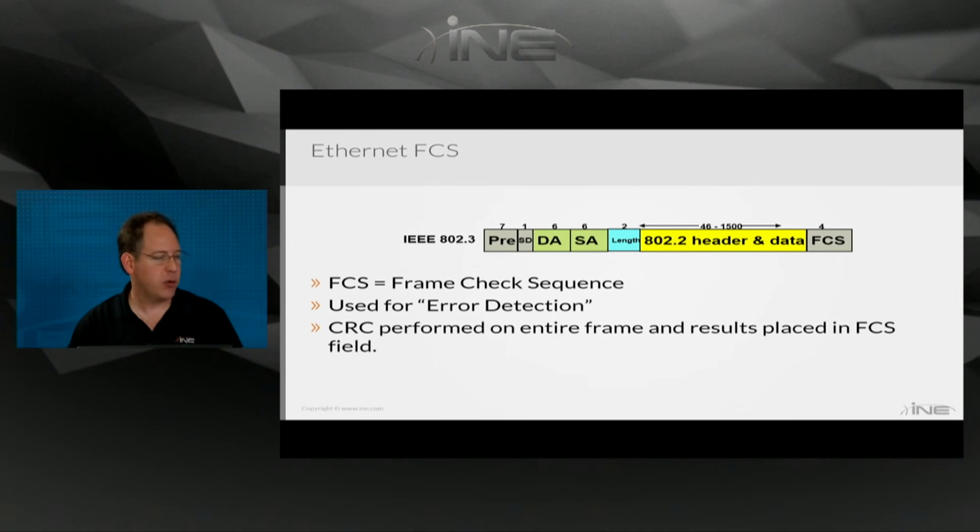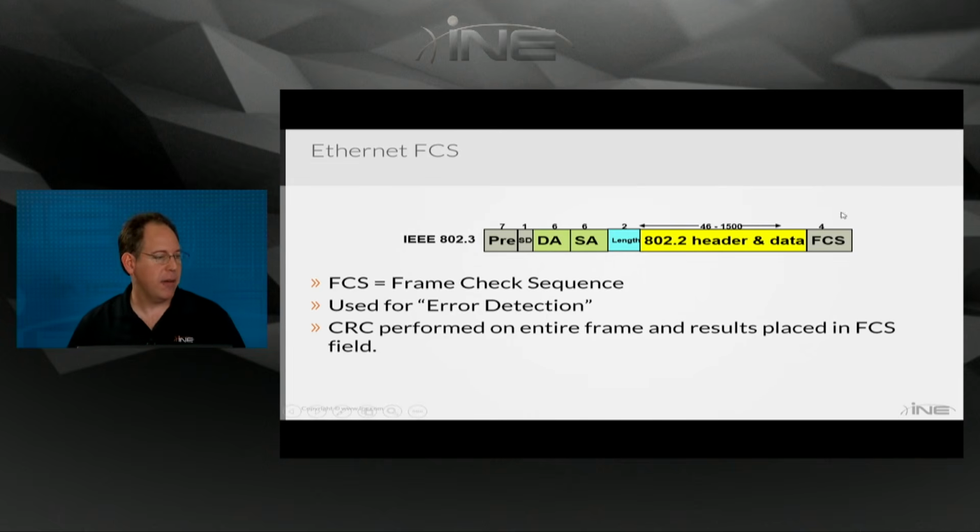So basically the way this works is that when the originator, the source of the frame, put this frame together, it runs a cyclic redundancy check, a CRC, which is a special algorithm where it takes all the bits, starting with the destination address, all the way through to the end of the data. So from the DA all the way to the end of the data, it takes all those bits, runs them through an algorithm called a cyclic redundancy check, which then computes some sort of number, like let's say A123.